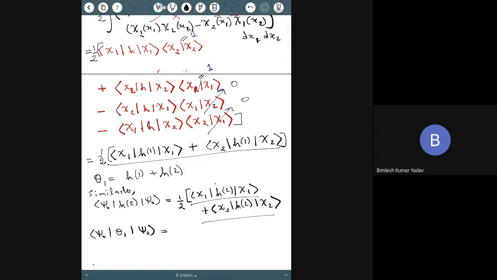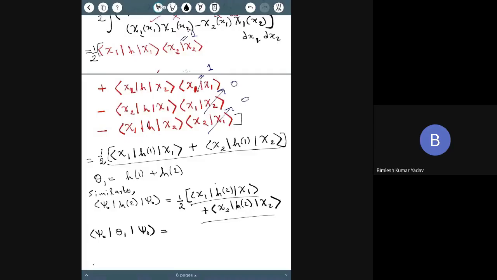Is it the same? Do you think they are the same, the two expressions? They are not the same, ma'am, because the Hamiltonian is different. Yes, that is right.